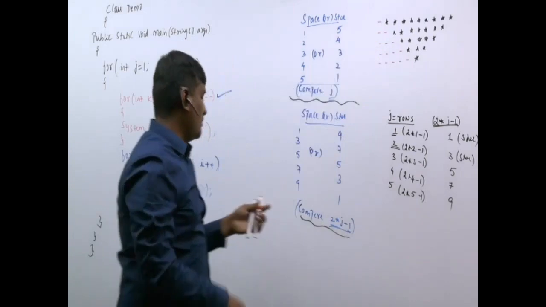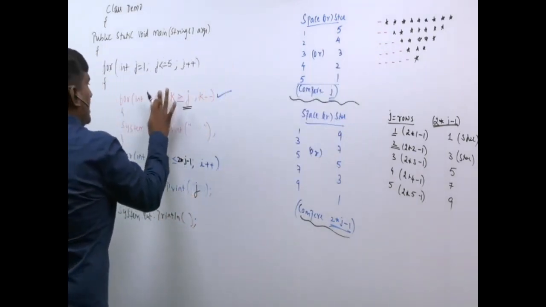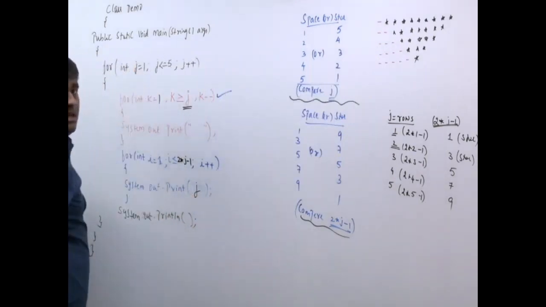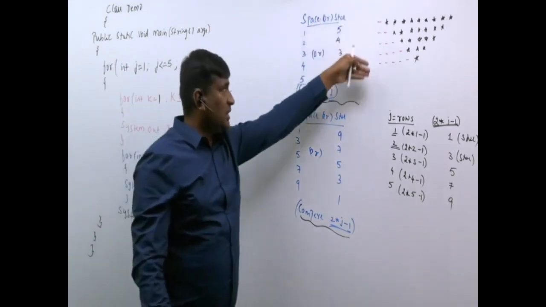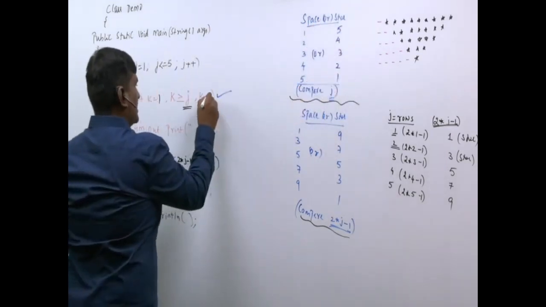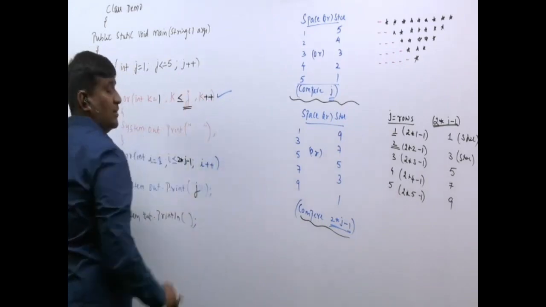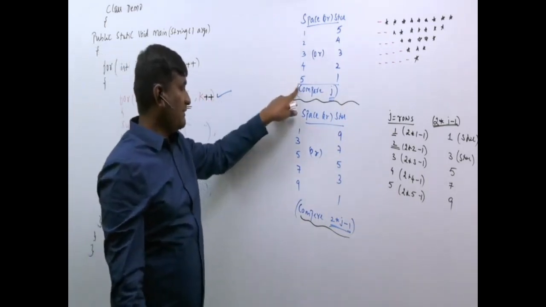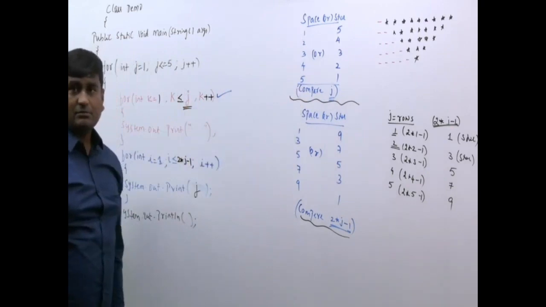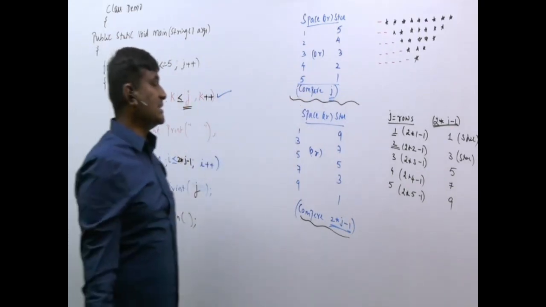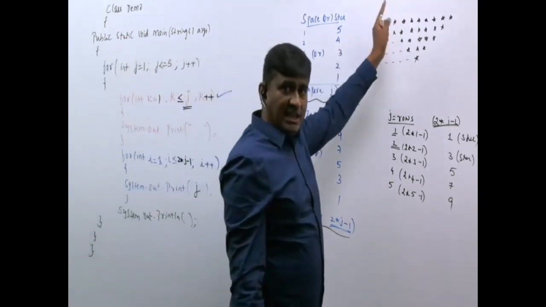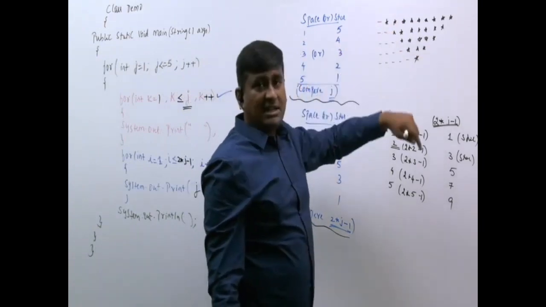How many spaces are there? 1 space. Hence, K equal to 1. Is it increasing? Yes, 1, 2, 3, 4, 5 spaces, it is increasing. Hence, K plus plus. Plus plus means less than or equal to. And since it is changing in 1, 2, 3, 4, 5 fashion, compare with what? J. Next, when it comes to stars, is it changing? Yes. But look at how many stars are there in the first line.